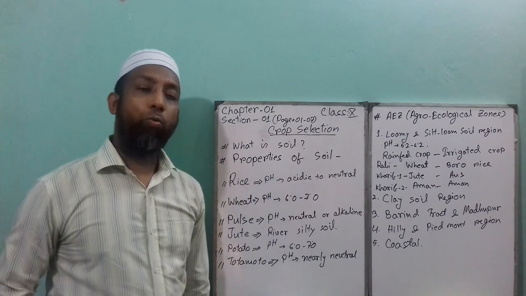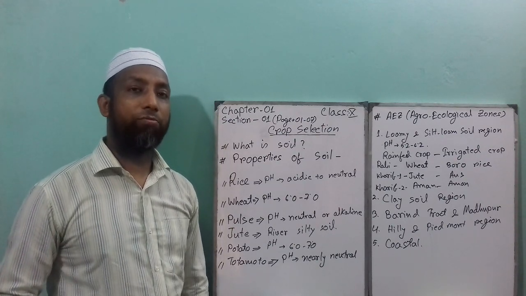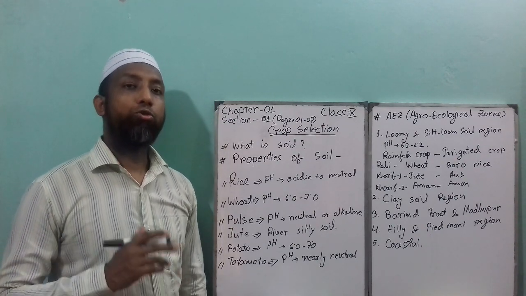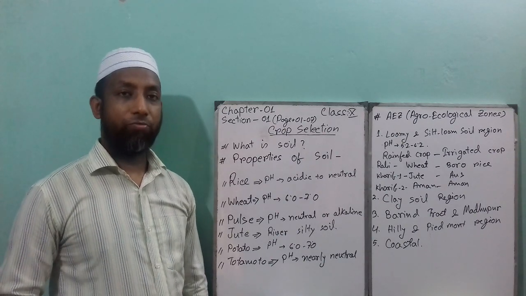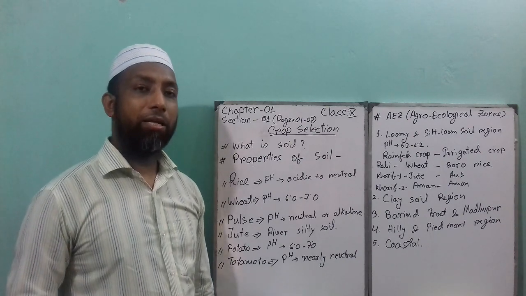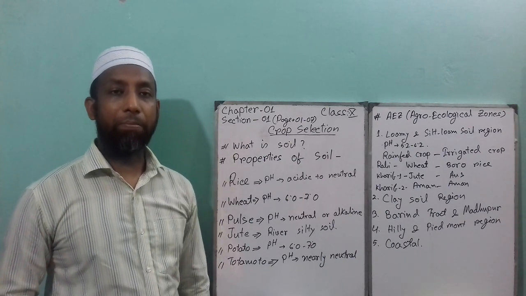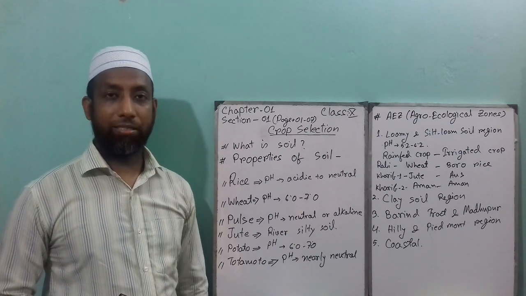You have to understand what is soil. Soil is the first medium of crop production. Soil is the source of water and nutrients for crop production. Remember that not all types of crops can be produced in all soils.